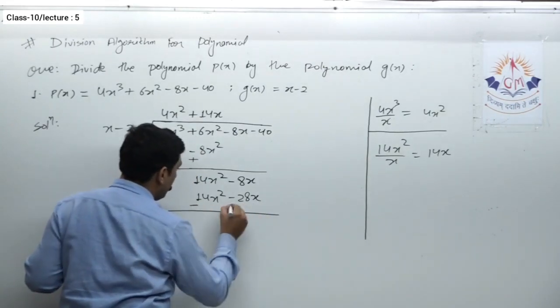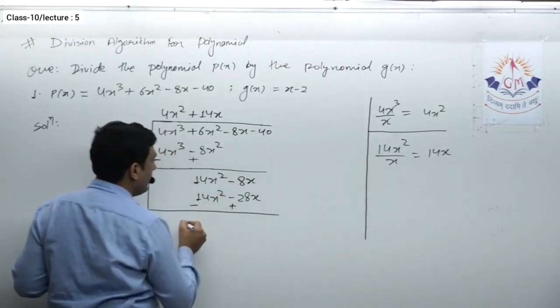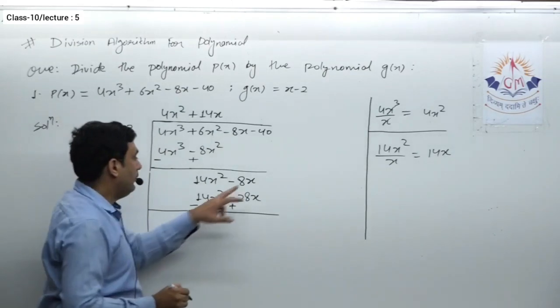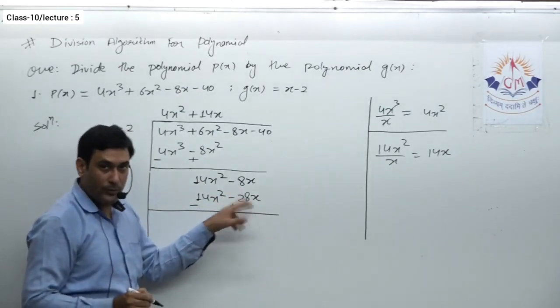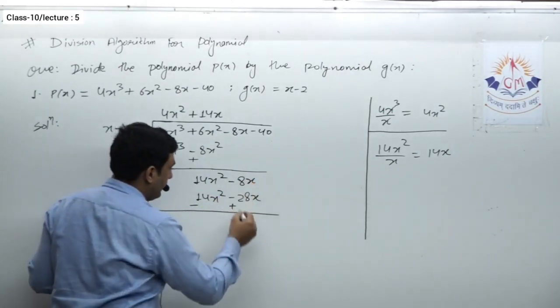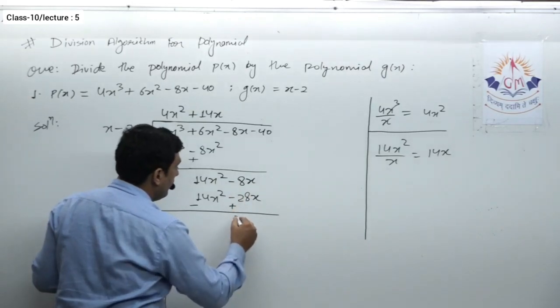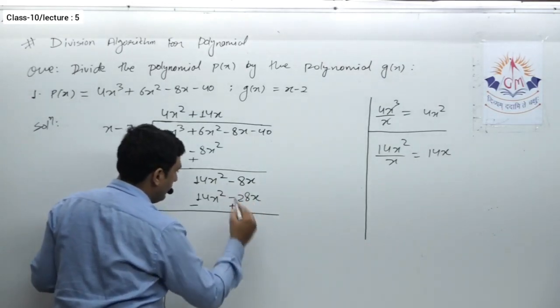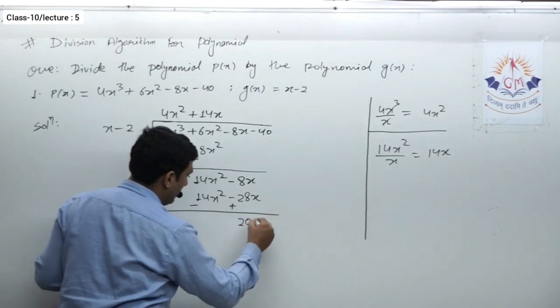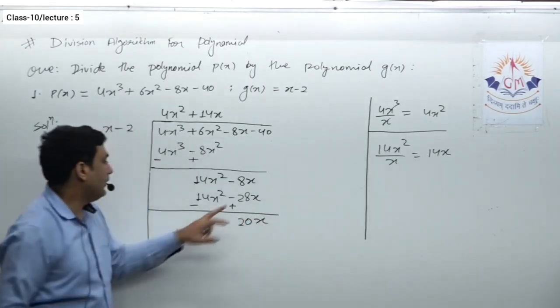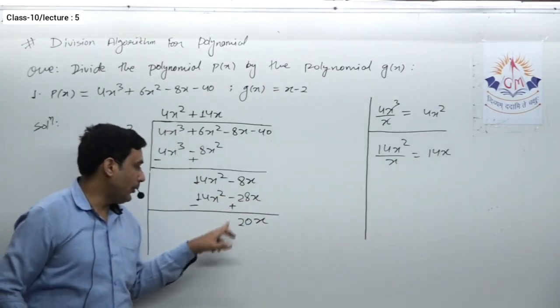So here minus, here plus, again this will cancel out. Now minus 8x plus 28x gives you 20x. 28 minus 8 is 20, with a positive sign.